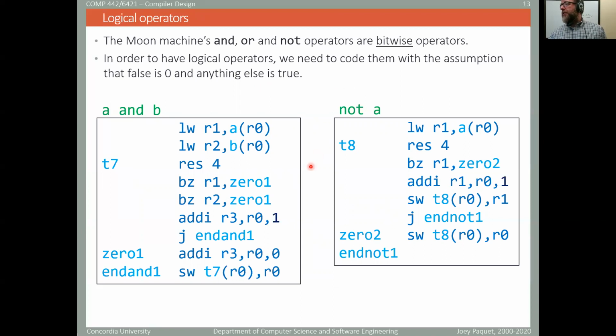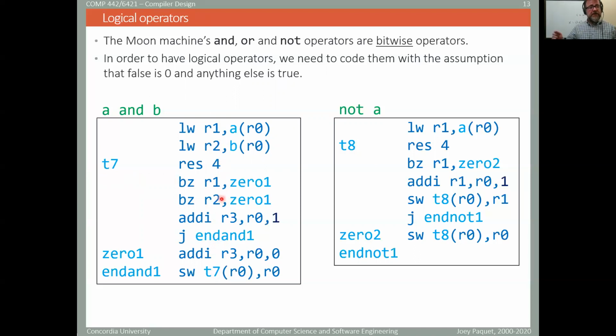So here's how it goes. You basically, again, load A and B as the two operands of your logical and, and you reserve a memory cell to store the result. Then this is basically a hard coding of a logical and operator. You use two consecutive branch on 0 on both of the operands. Why?